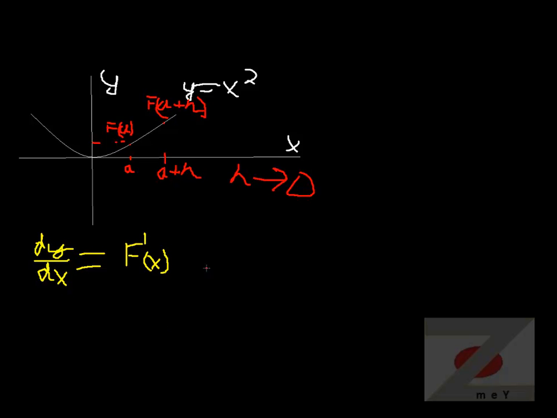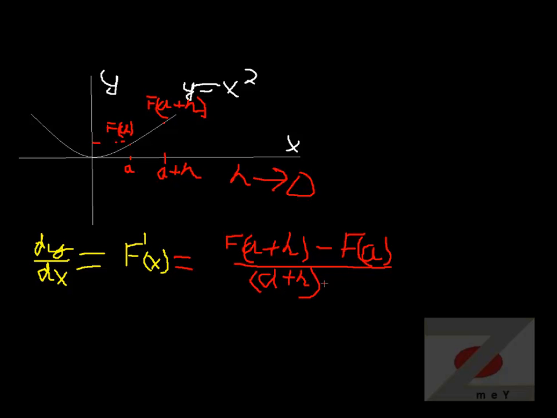Now, finally, actual equation for derivative is f of A plus h minus f of A, divided by A plus h minus A. As you can see, once again, our basic slope formula.